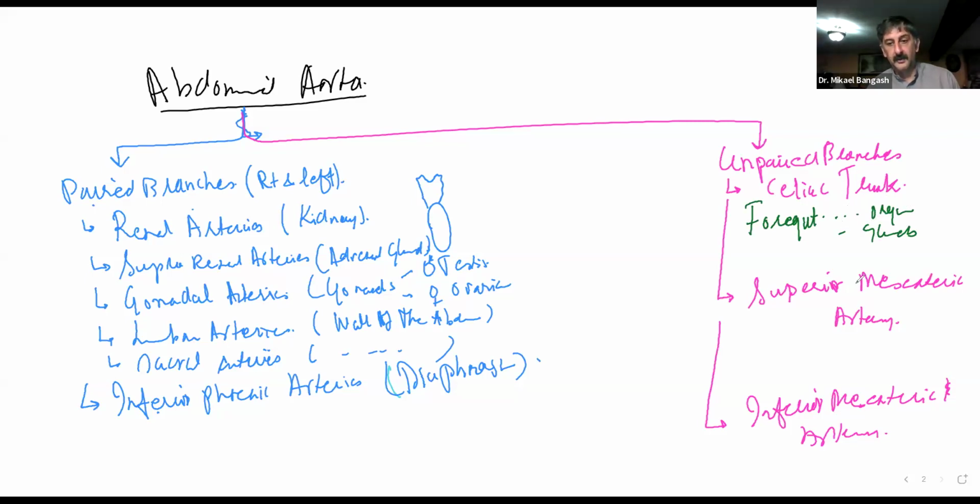The superior mesenteric artery is going to supply blood to the midgut. And the inferior mesenteric artery is going to supply blood to the hindgut.